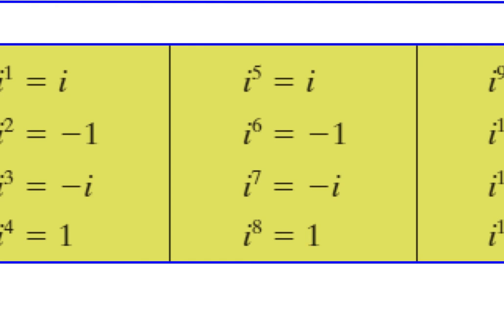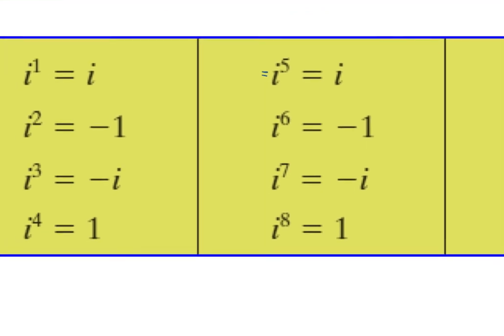A lot of that is because i to the 5th is the same thing as i times i to the 4th, right? I mean, keep your base, add your exponents. And i to the 4th is equal to 1, isn't it? How do I know that? Well, it says it right there.